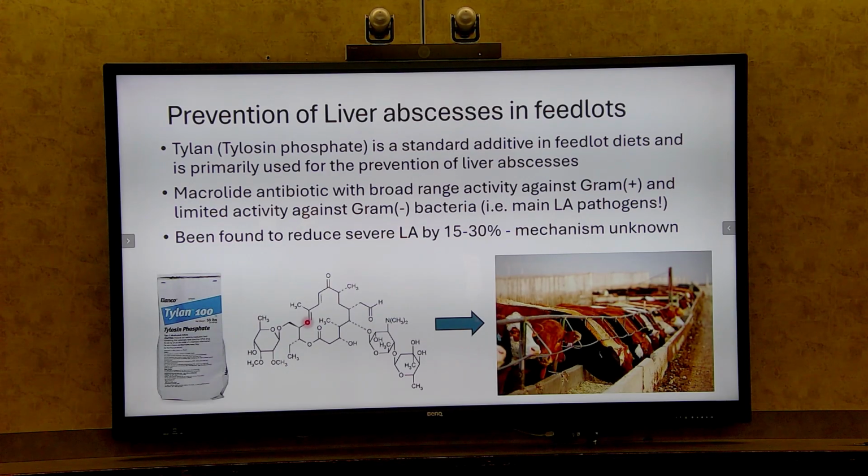And I don't know, like we know that tylosin is one of the few things where there's really good evidence that it actually does reduce incidence rates of liver abscesses, but I don't think the actual mechanism of how that's happening is well understood.